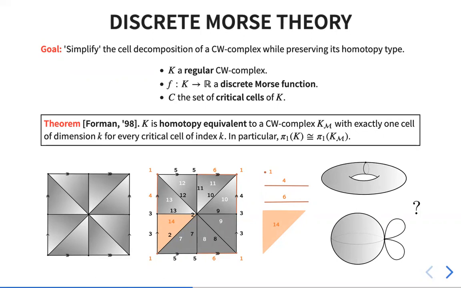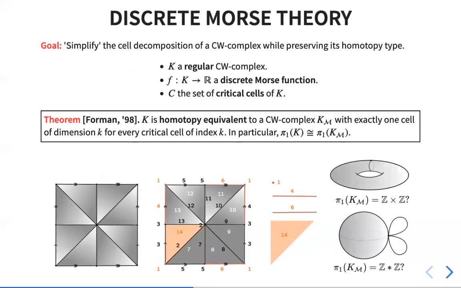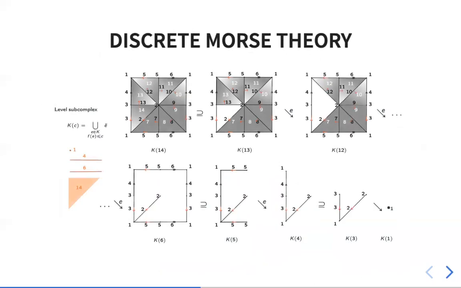In particular, the attaching maps are very important for us in the computation of the fundamental group, because they determine the relators. In this case, we are not sure in principle what the fundamental group is. So let's try to understand the idea of the proof of this main theorem of discrete Morse theory, in order to try to reconstruct the attaching map of the two cells.